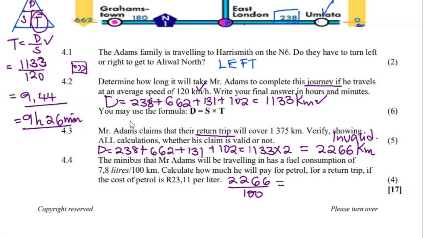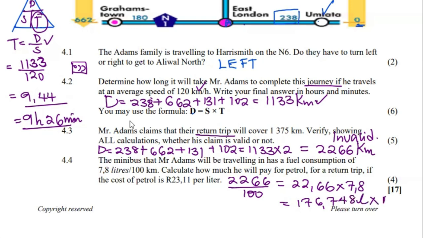So 2266 divided by 100, you get your answer as 22.66. Multiply this by 7.8 to find out the number of liters. We need approximately 176.74 liters.